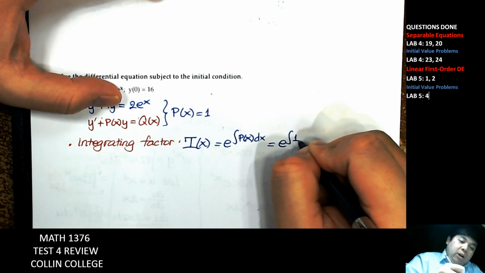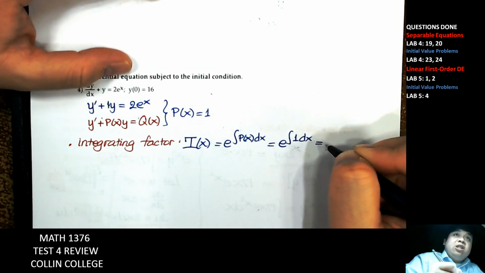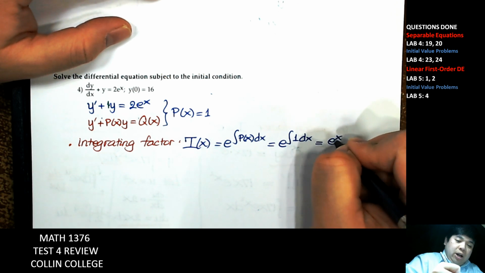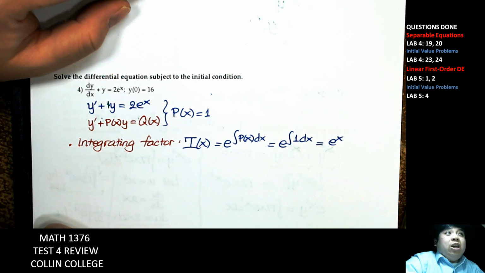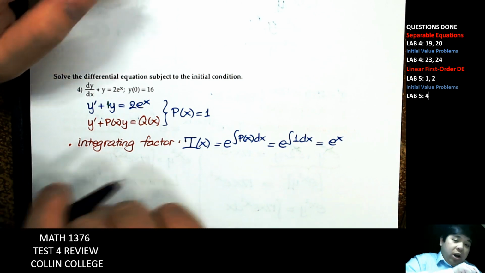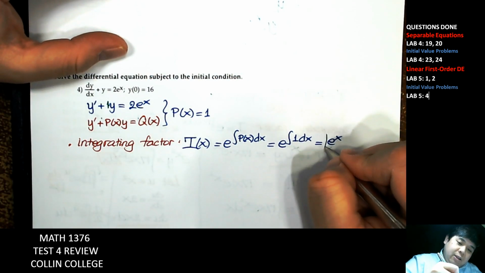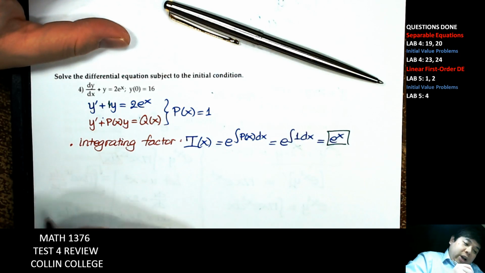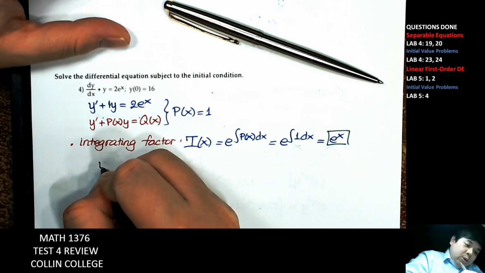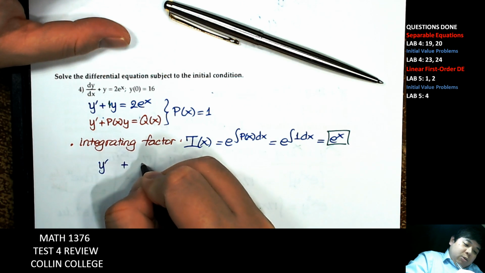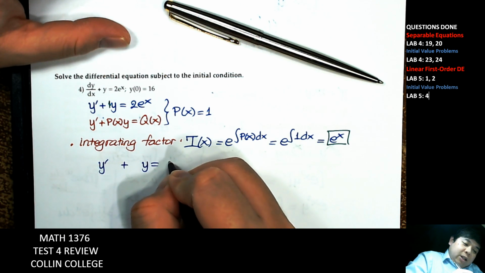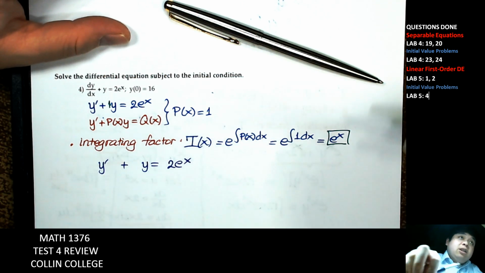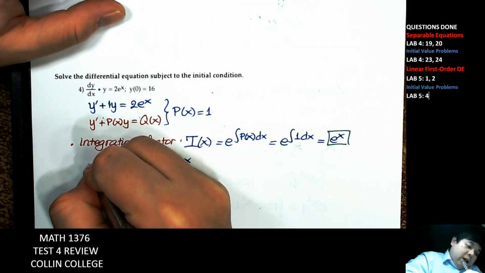We just have 1. The integral of 1 is just x, so we have e to the x. Now we multiply e to the x on both sides of the equation. So we have y prime plus y equal to e to the x.